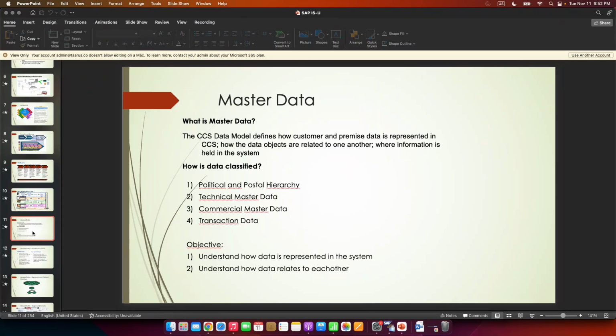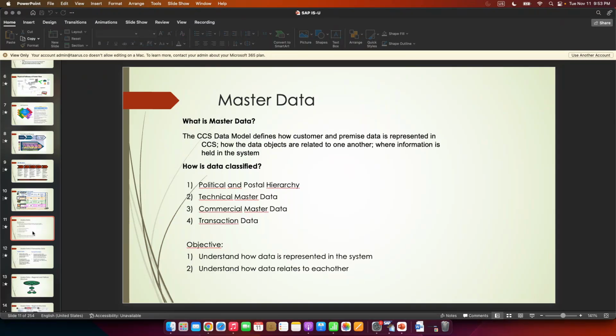With FICA, you have a lot of things on a day in, day out basis: payments, returns, refunds, dunning proposals, dunning activities, interest calculations, security deposits, and so on. These day in, day out activities, we track as transactional data.